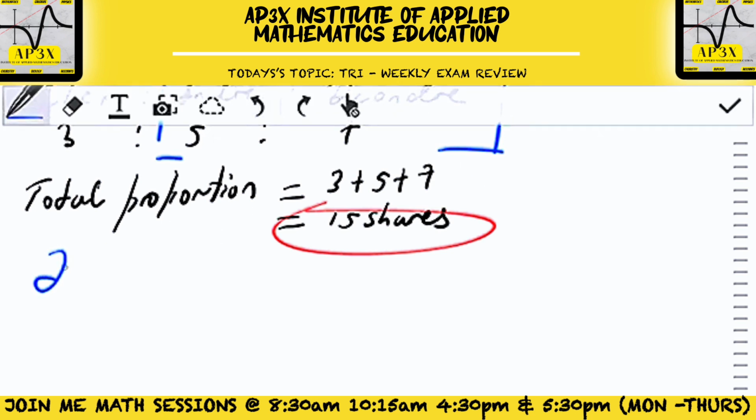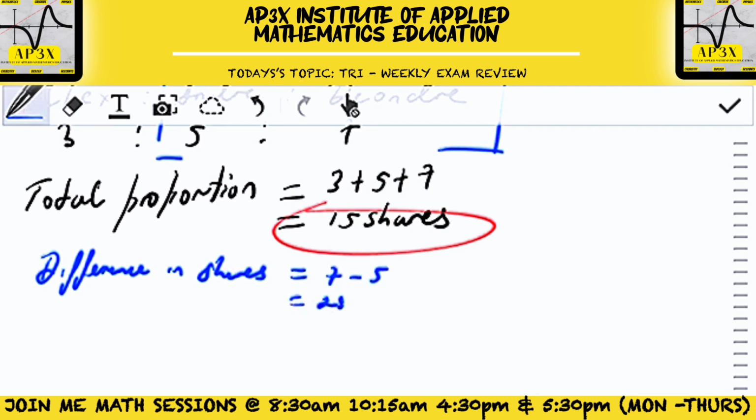So we can safely say here then that the difference in shares is equal to 7 take away 5, which is in fact 2 shares.